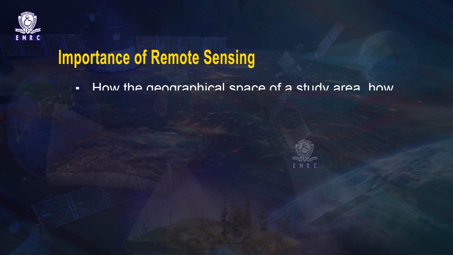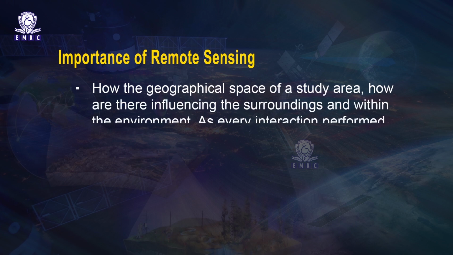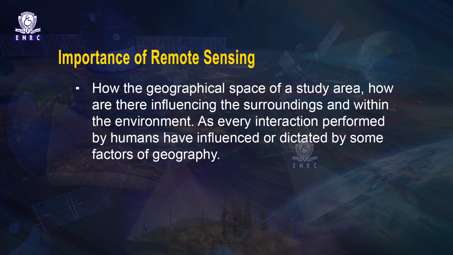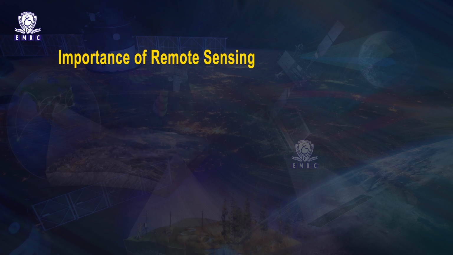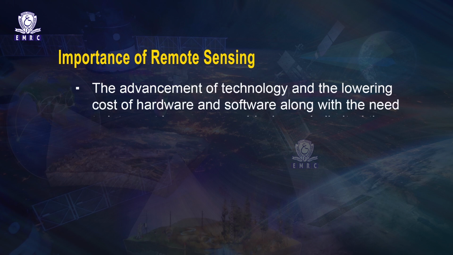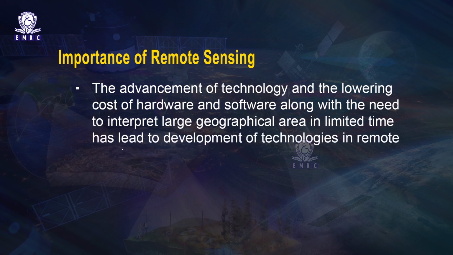It means how the geographical space of a study area influences the surroundings and the environment, as every interaction performed by humans has been influenced or dictated by some factors of geography. 2. The advancement of technology and the lowering cost of hardware and software, along with the need to interpret large geographical areas in limited time, has led to the development of technologies in remote sensing.